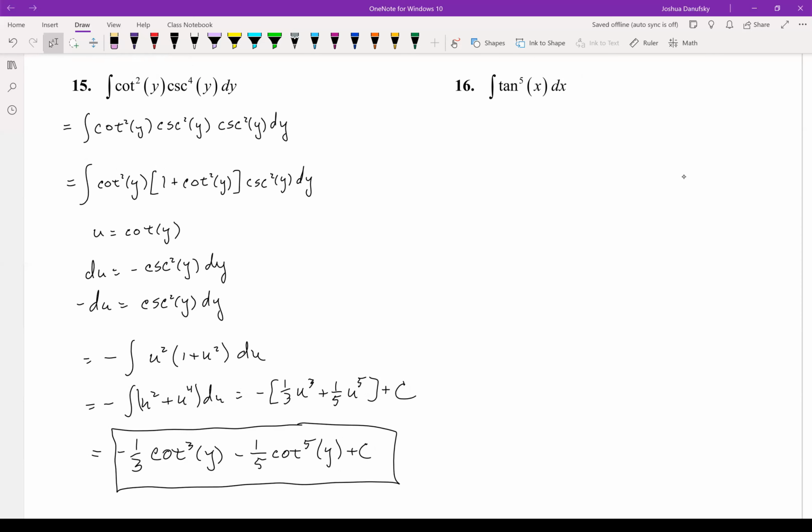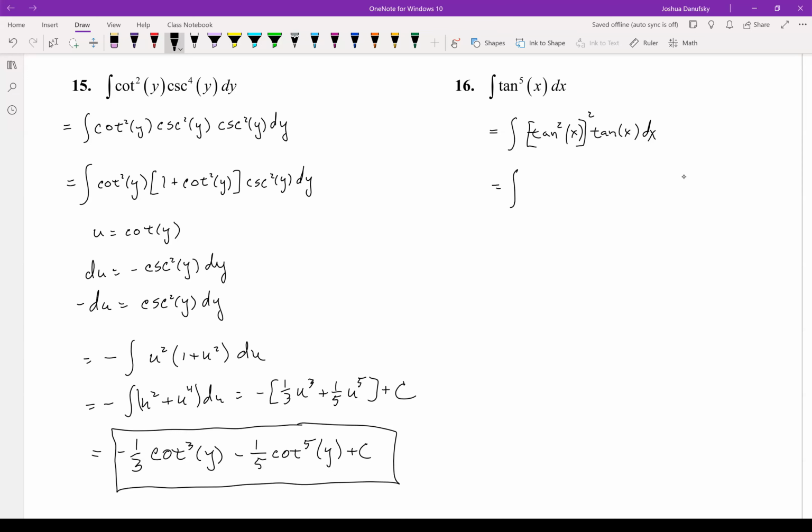So now you're going to go ahead and do number 16. Number 16 is a little bit tricky. I'll give a little bit of a hint here. I'd be tempted to start off writing it as tan to the 4th x times tangent x dx, and then taking our tan to the 4th and rewriting it really as tan squared quantity squared. So like this.